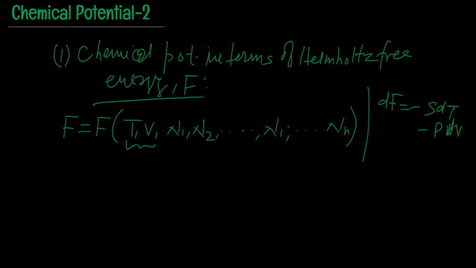So when T or V get changed, then F changes. So F must be a function of T and V. Let us say this is equation number 1. This result implies that whenever there is a change in T, V and these different N, there will be a corresponding change in F.